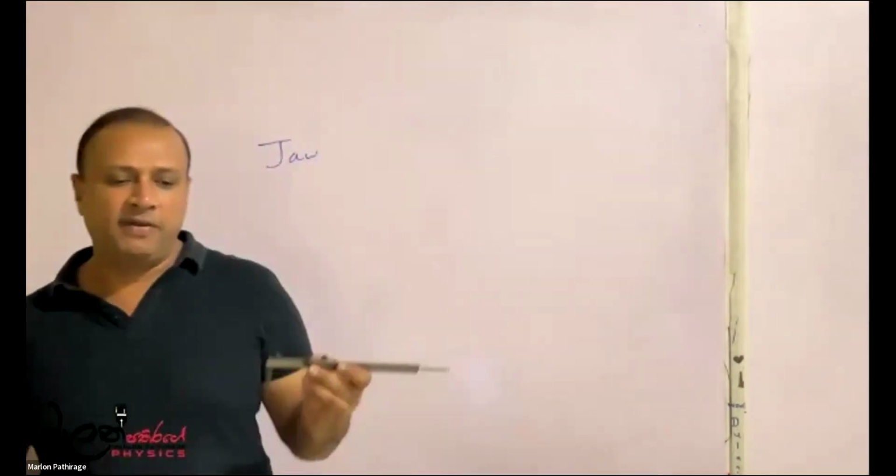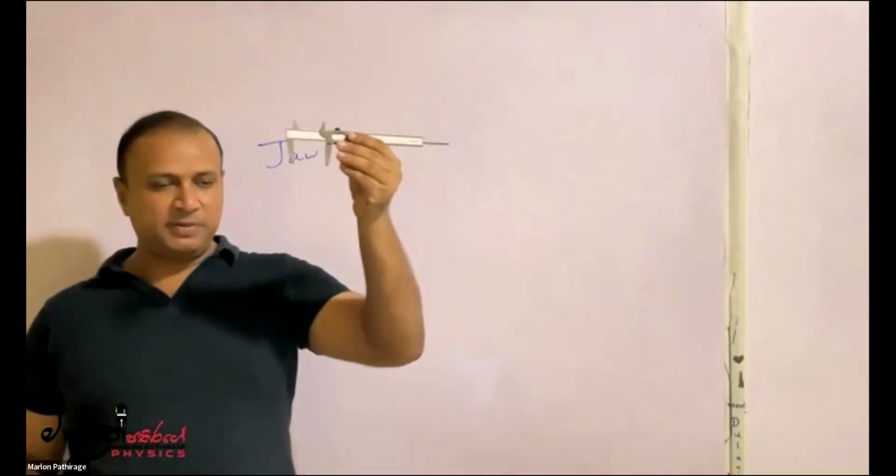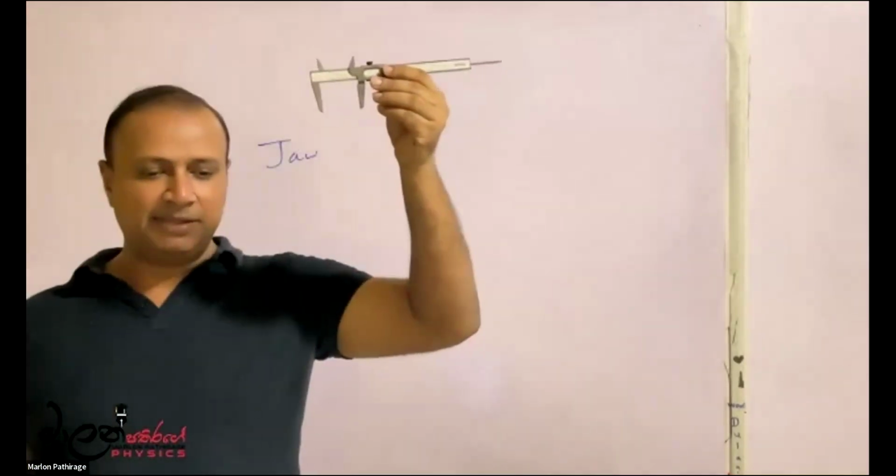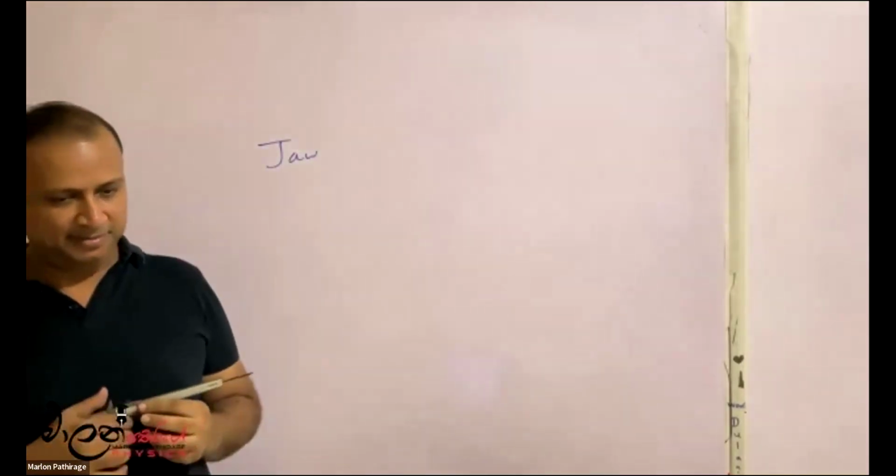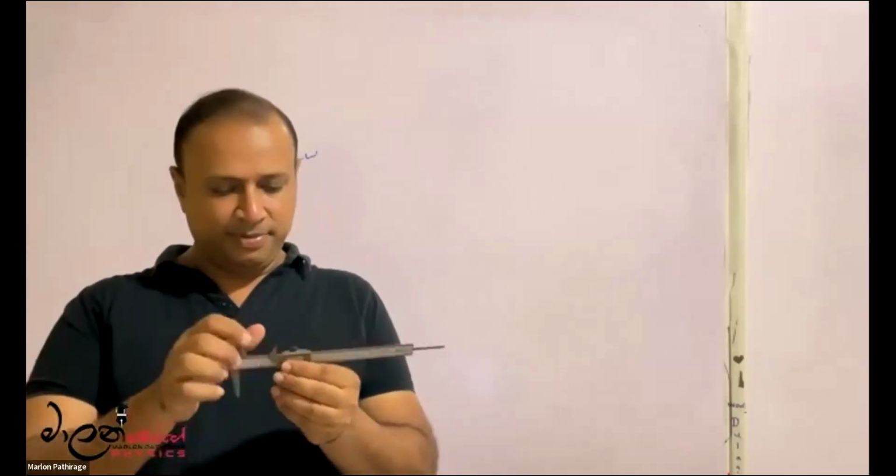Okay, can anyone tell me what is the purpose of this nut? To keep the vernier scale fixed. Yes, you can clearly see.